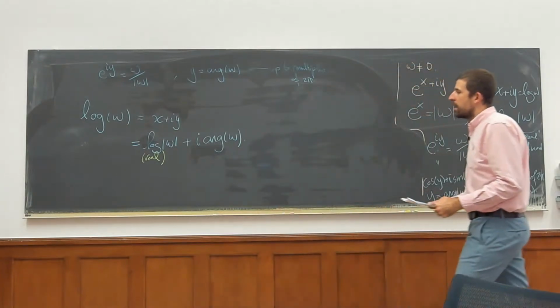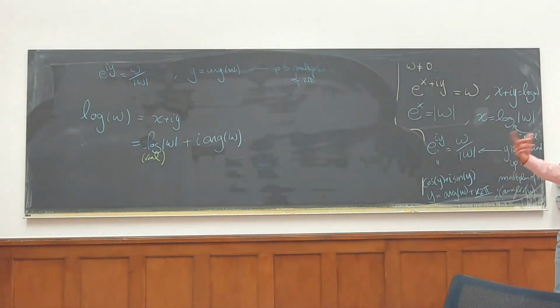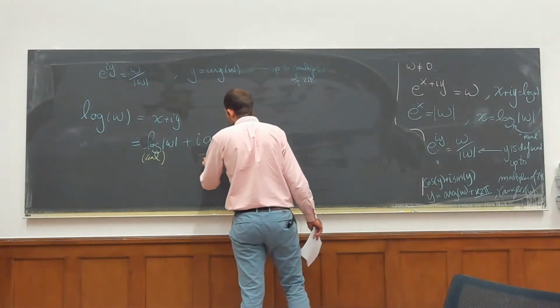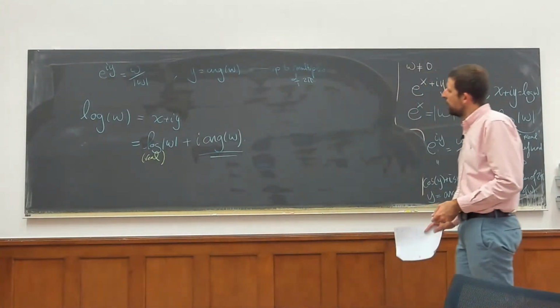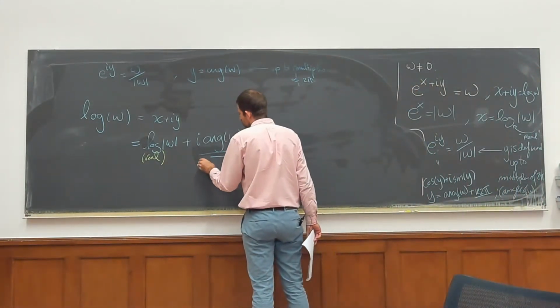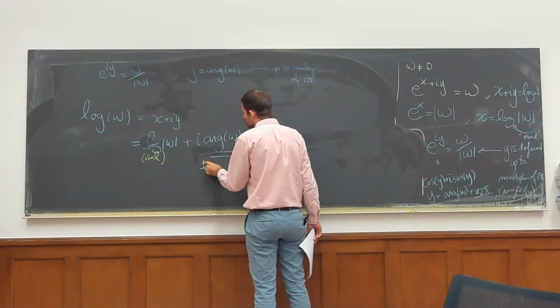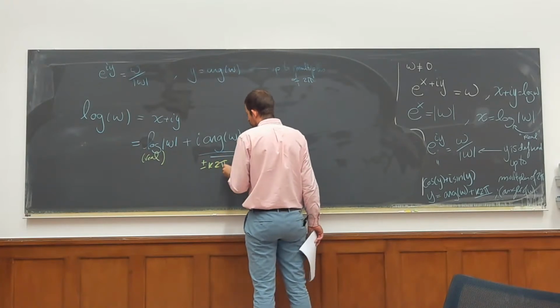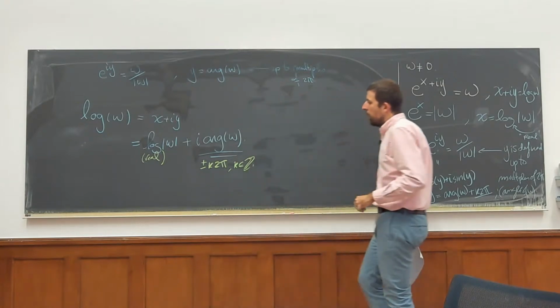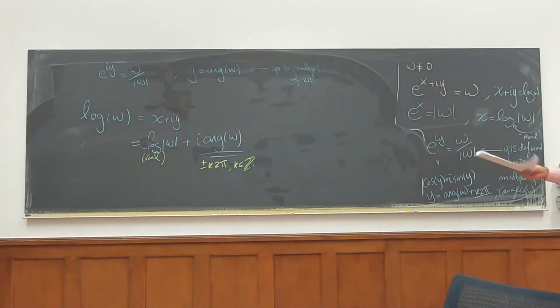So for the logarithm of a complex number, the real part is just the logarithm of the modulus of the complex number, and then the imaginary part tells us the angle. The issue is that I can add or subtract multiples of 2 pi, as long as k is an integer, and it's still a valid logarithm.